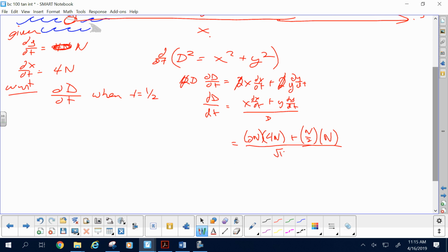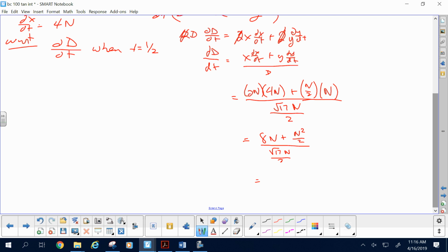Root 17n over 2 is 8n squared plus n squared over 2 all over root 17n over 2. You with me?